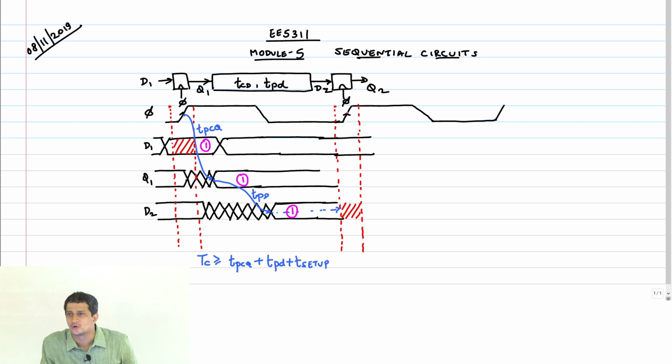The moment the clock goes high, Q1 will start changing, right? The moment Q1 starts changing, I told you that D2 also can start changing. So technically, as soon as this starts, it need not even go all the way there. Let's probably cause a violation.